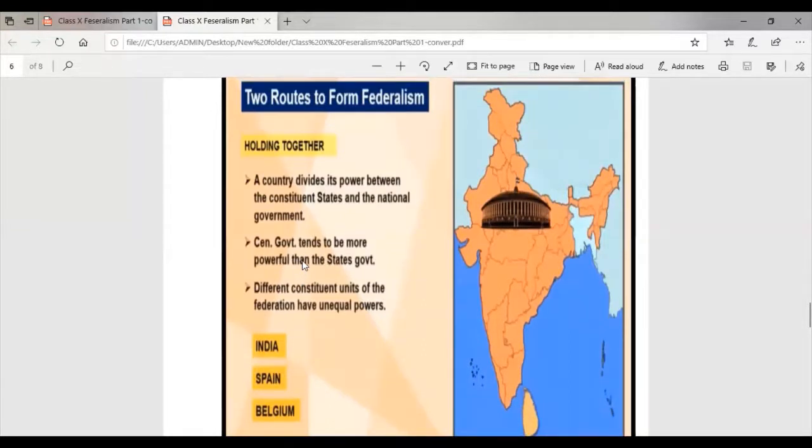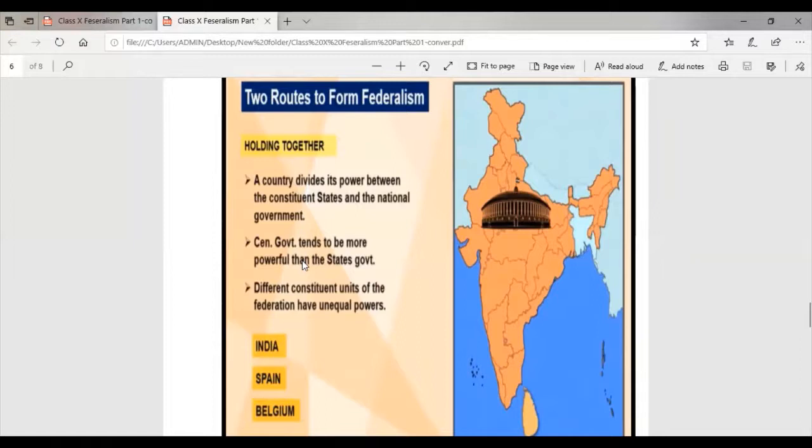In India, we are following holding together federalism. The main feature is that we are dividing the power between the central government and the state governments. The power is divided between the constituent states and the central government. So that is the prominent feature of holding together federalism.